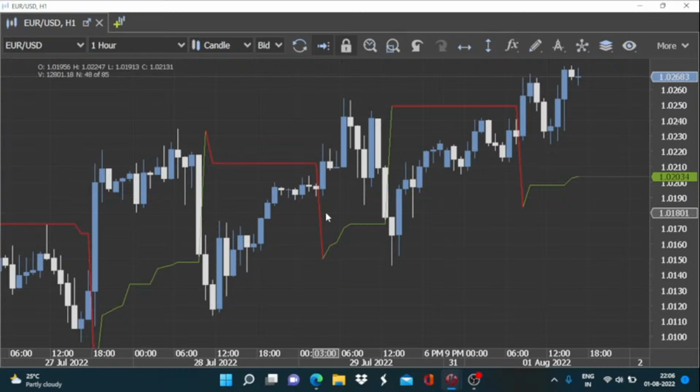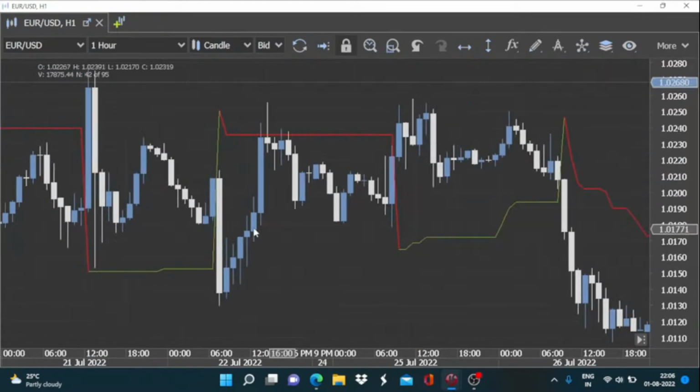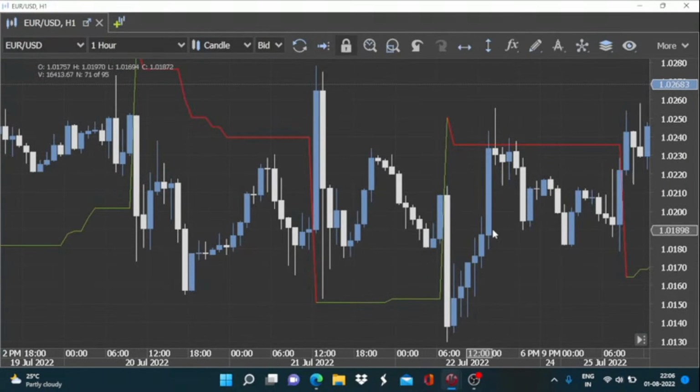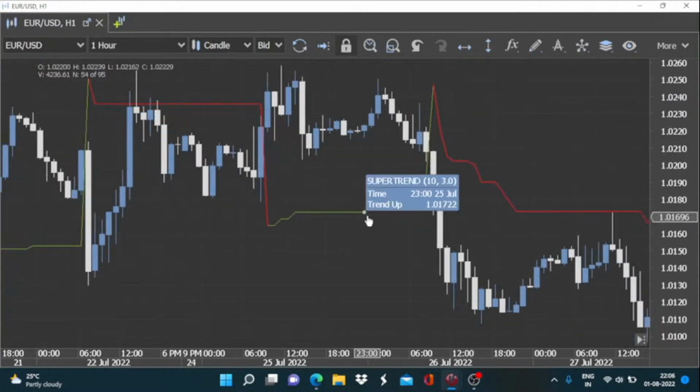If you feel that the trend is strong, then you use the lower ATR multiplier and you get a lot more responsive plotting of these indicators, upper band and lower band, which we then utilize to look for trading opportunities. But in the sideways market, we use a higher ATR multiplier, and it gives us a range which we can then exploit for figuring out where to get entry and where to get exit.